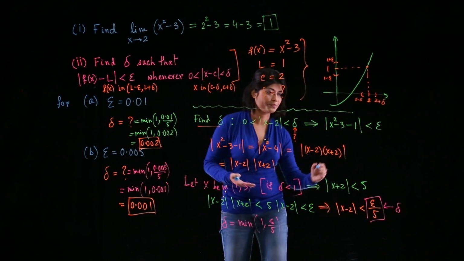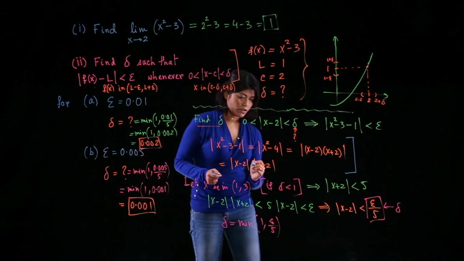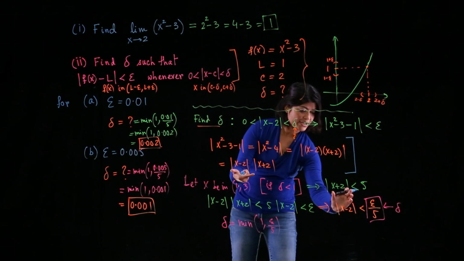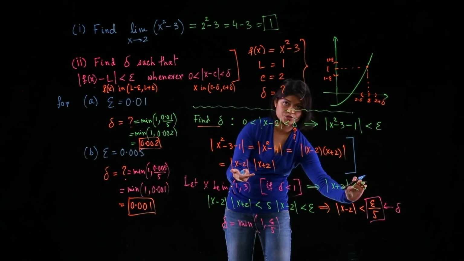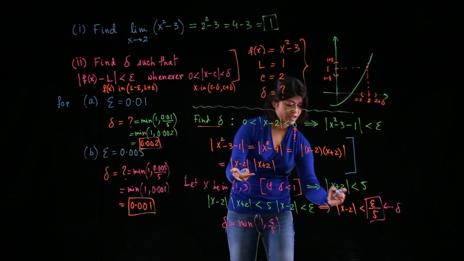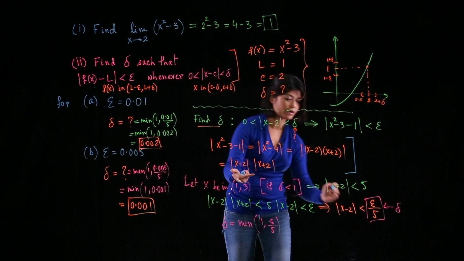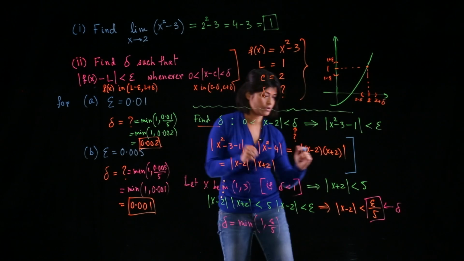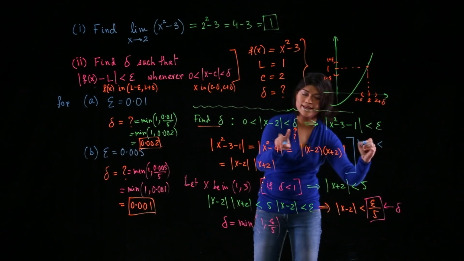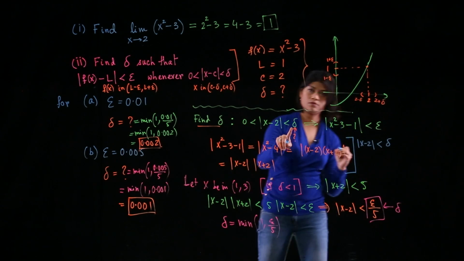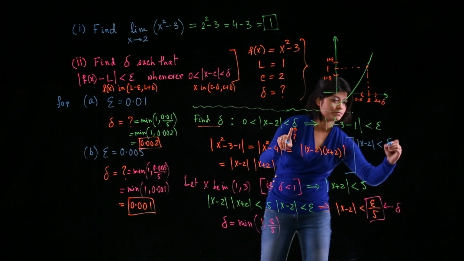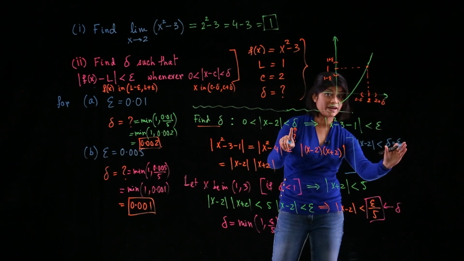So if you're confused, I want to show you how the forward direction works. Okay, hopefully that will clear it up. Remember, this is our expression right here. And we actually evaluated what the number will be for x plus 2, which I will also explain why we got that number. And using that, we found something here. Okay, so I want you to look in a forward direction. Suppose absolute x minus 2 is less than delta. If that happens, and delta, remember, was epsilon over 5, okay, so we found delta to be that.